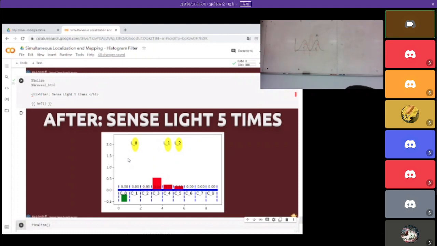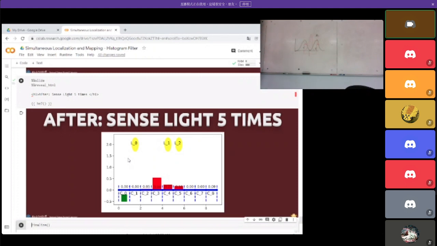It's a recursive filter. I don't need to keep track of the whole history of commands and sensor readings that I have, right? The only thing I need to keep track of is this current probability distribution. So that's nice, but that's also the problem.